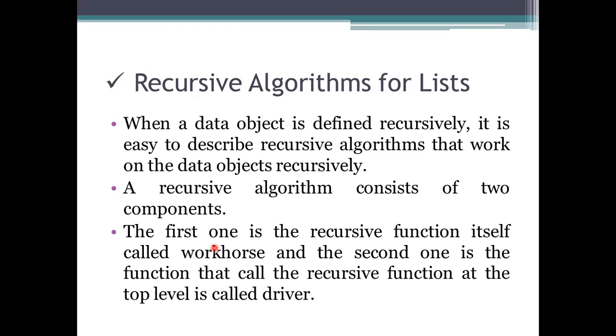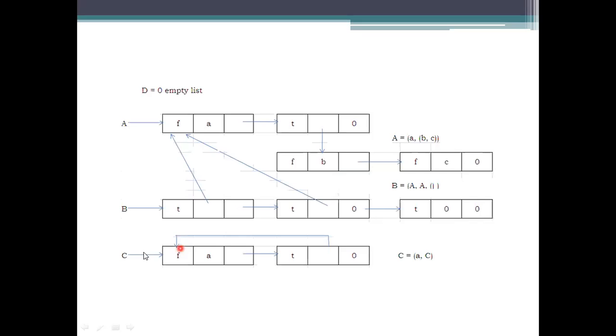The two components are the recursive function which is being called, which places the calling node, that is taken as a workhorse, which places this call, then it will be considered as a driver here. If you see the previous one, this one has called itself.